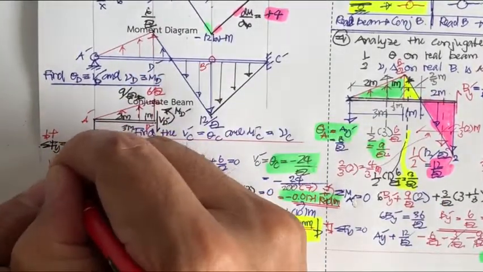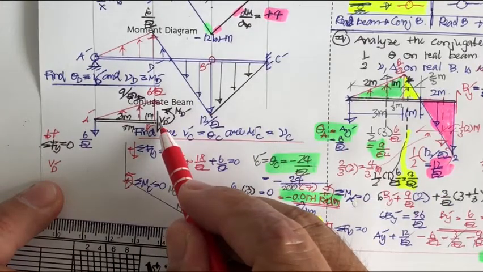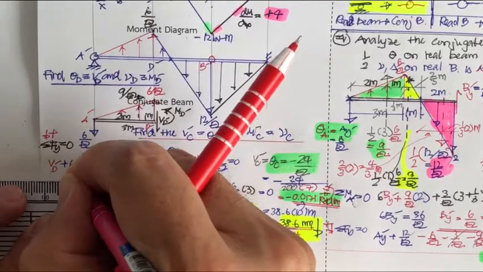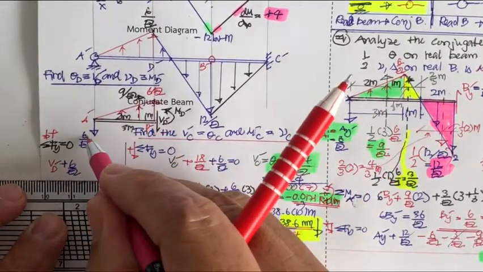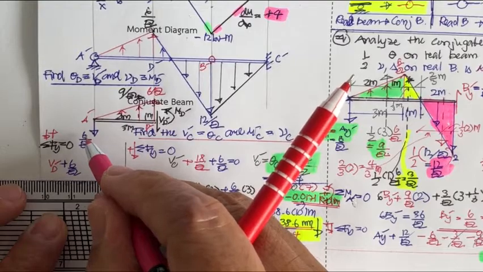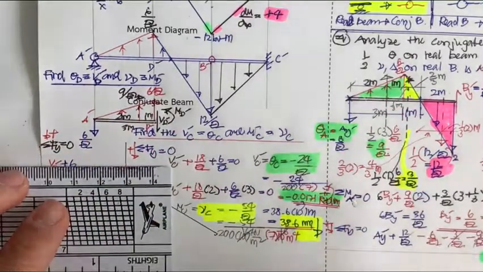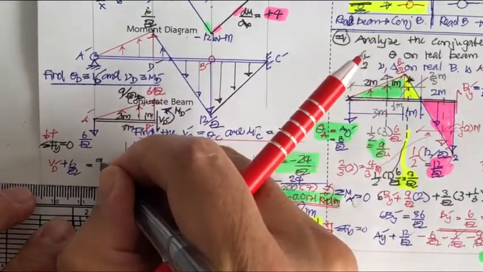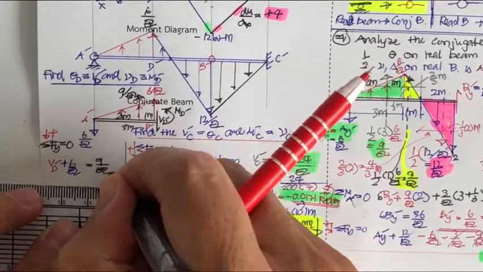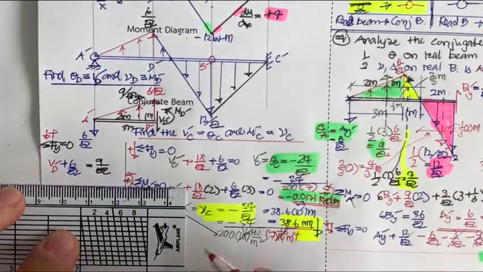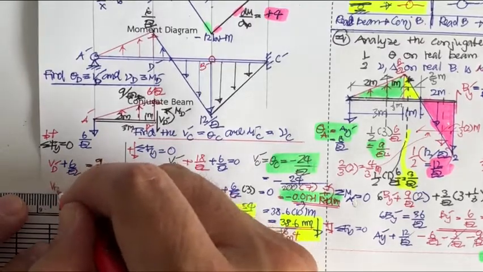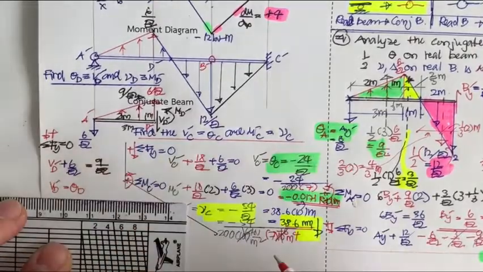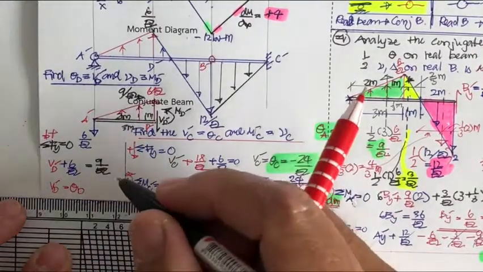And we have V sub D prime downward, and then plus 6 over EI downward, and then this is upward, equal to minus 9 over EI. And if we do so, we will have V sub D prime, which is going to be equal to zeta sub D, and it's going to be equal to 3 over EI.